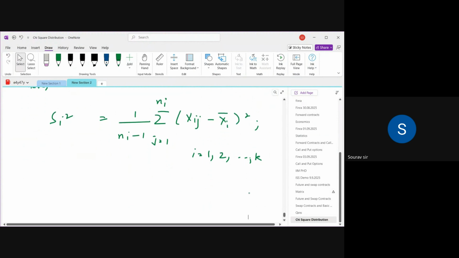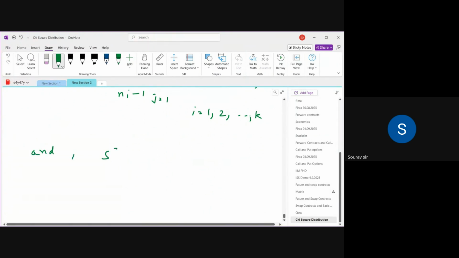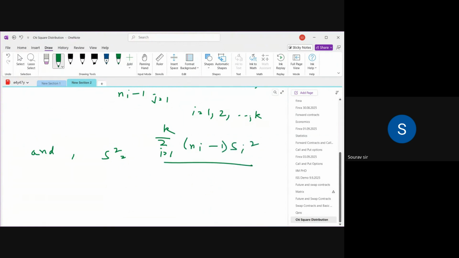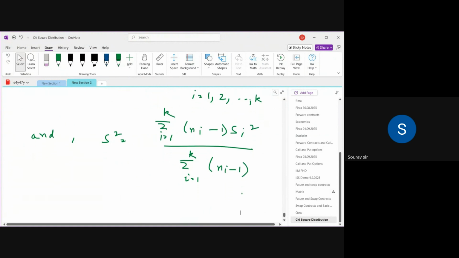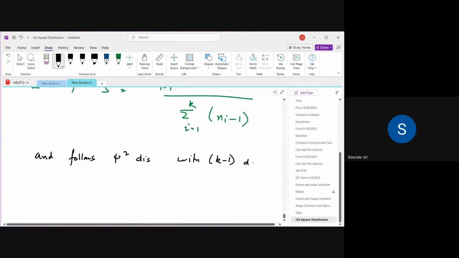And s square is the summation of i from 1 to k of (ni minus 1) si square, divided by the summation of i from 1 to k of (ni minus 1). It follows a chi-square distribution with k minus 1 degrees of freedom.